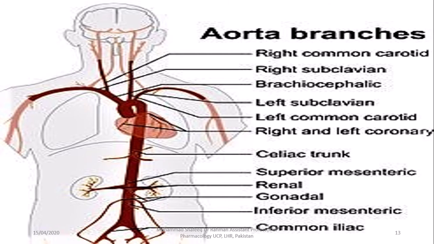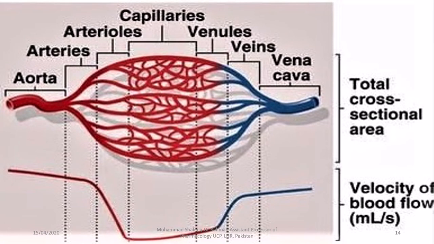Arteries are then further divided into the arterioles and arterial capillaries. Arterioles are the smaller blood vessels that branch out from the large arteries and lead to the arterial capillaries. Capillaries are the smallest blood vessels in the body.